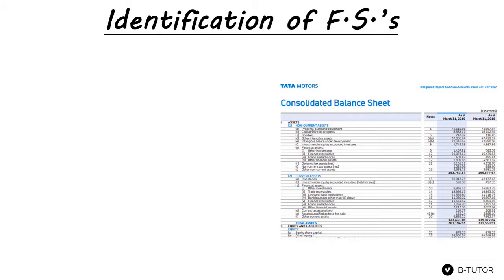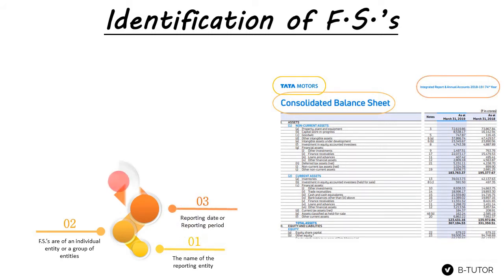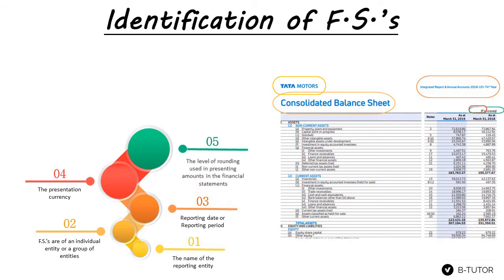An entity shall display the following information prominently: name of the reporting entity, whether the financial statements are of an individual entity or group of entities, the reporting date and reporting period, the presentation currency, and the level of rounding used in presenting amounts in the financial statements.